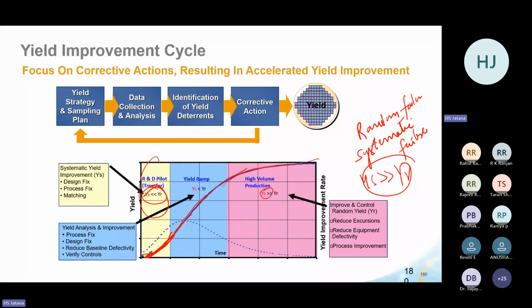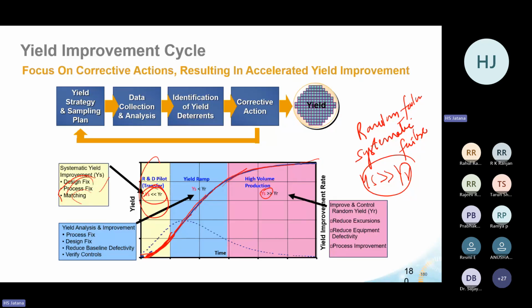And how to do the yield improvement cycle? Basically, you have to generate a lot of data. How will you generate data? You have to make some test structures. There are guidelines on what type of test structures have to be made. Then you have to fix the process, the design of those test structures, and the matching of those. So you have to generate that data and identify the corrective actions.